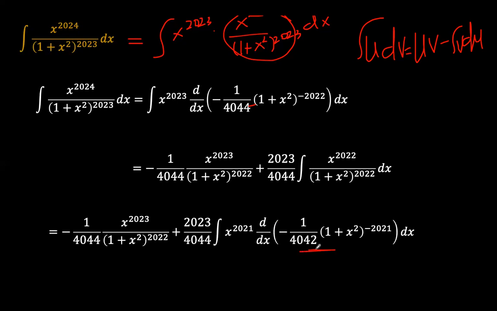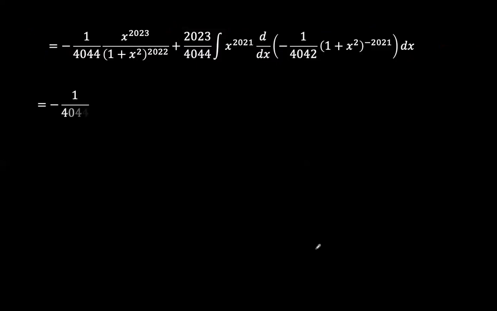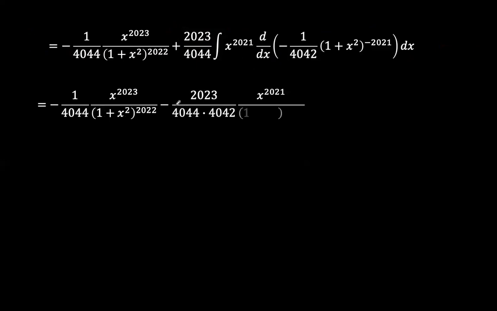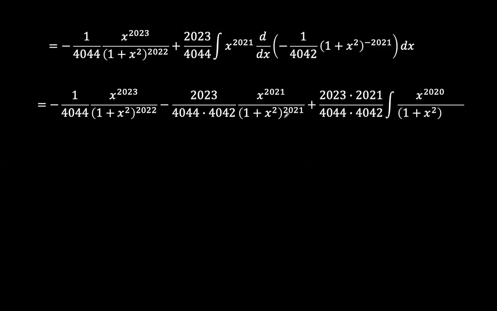And we continue repeating that process. And so this part here remains. And then here we have this constant, and since this is V and this is U, UV is the constant times x to the power 21 over (1 plus x squared) to the power 21.